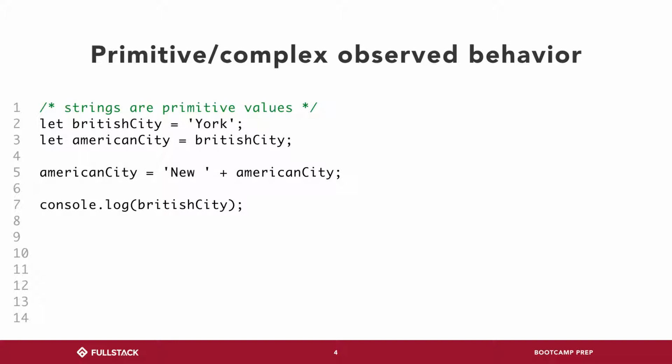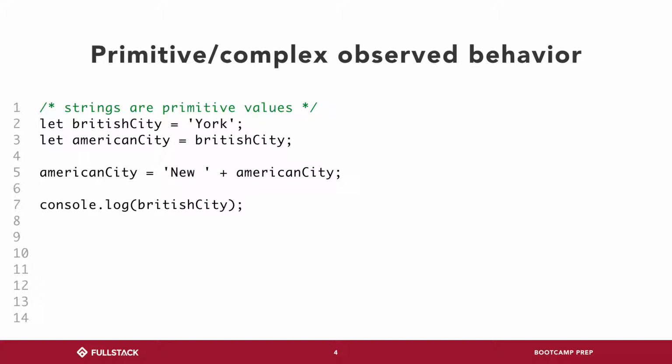So we take the string new with the space, and we say, what is the current value of American city? And in scope, we would see that American city was last evaluated over here and was the value York. So we plug in the string value York. New plus York now becomes the string New York. So this is a single value over here. And we say, okay, American city is now equal to New York. And it overwrites whatever it used to be.